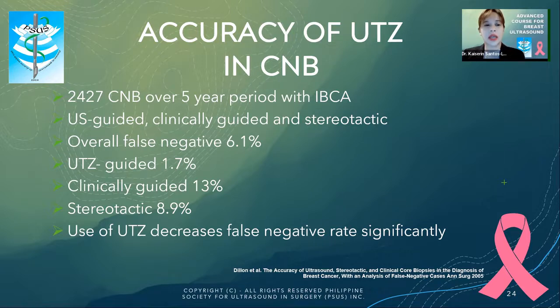They found that ultrasound guided false negative rate was 1.7% only, as against the others that were 8.9% for stereotactic guidance, and with no image guidance at all, it was 13%. So the use of ultrasound decreases false negative rate significantly.